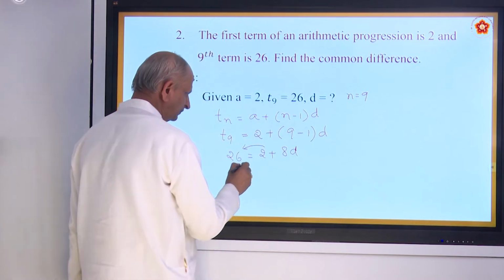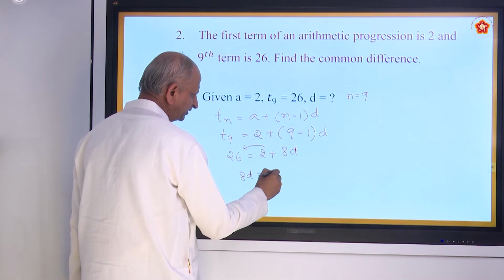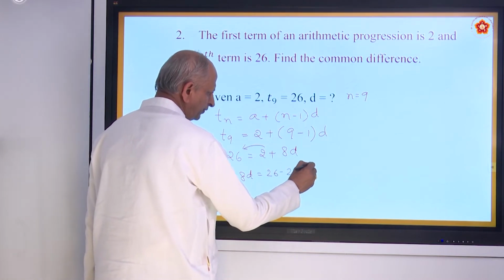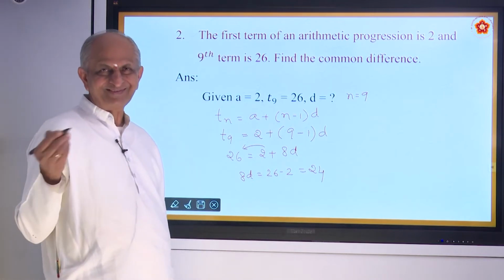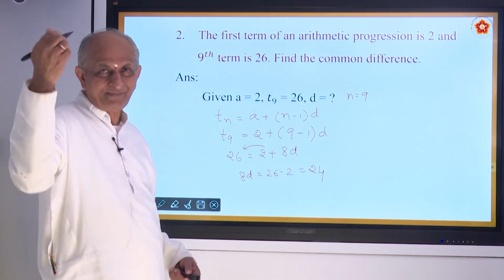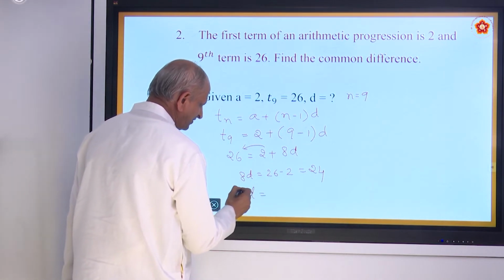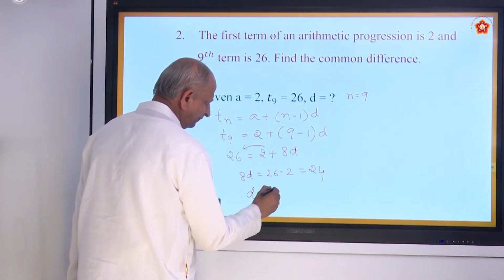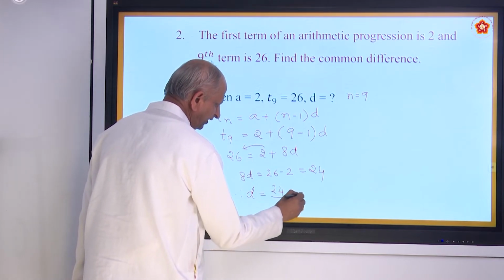Bring this side. So 8d is equal to 26 minus 2, 24. Take it down. Of course, you can do it before me. Yeah, so fast. D is equal to 24 by 8 is equal to 3.